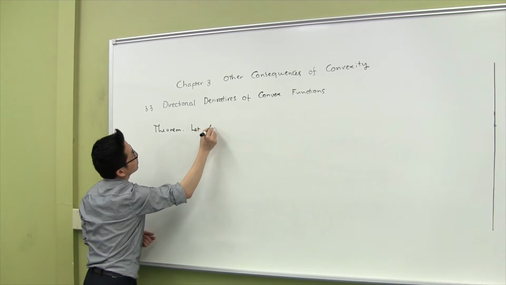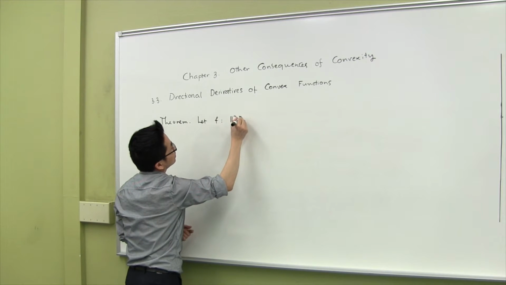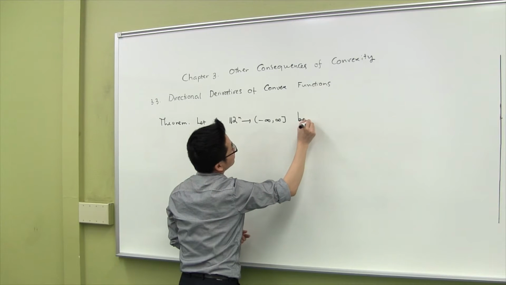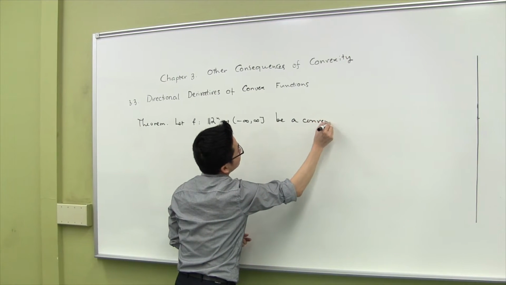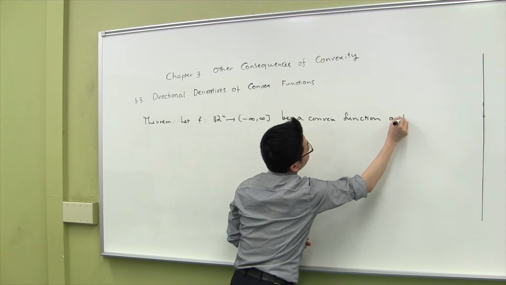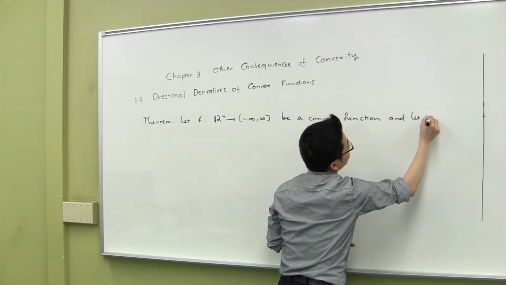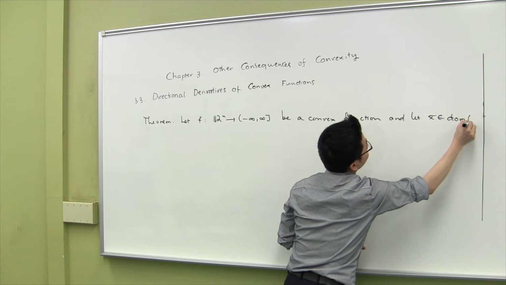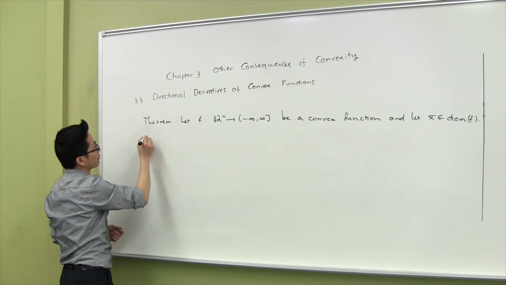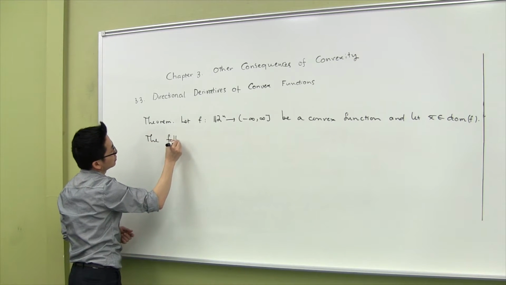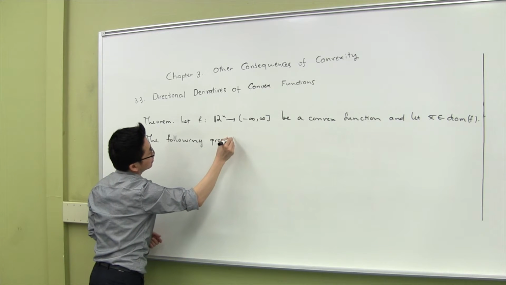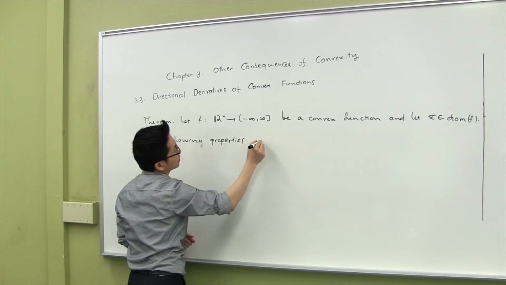Let f from R^n to the extended real line be a convex function, and let x bar be a point in the domain of the function. The following properties are equivalent.